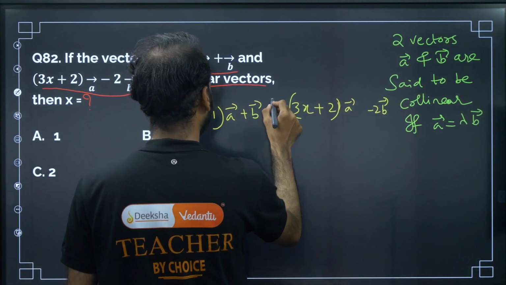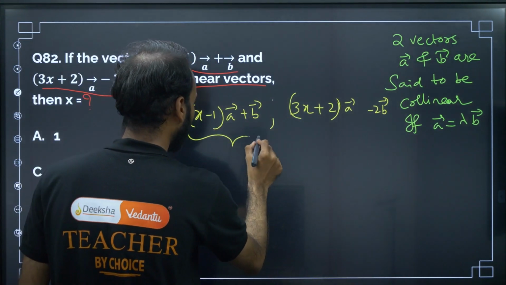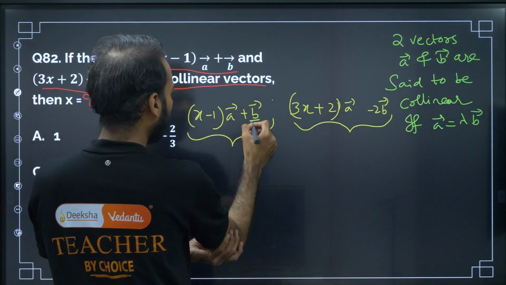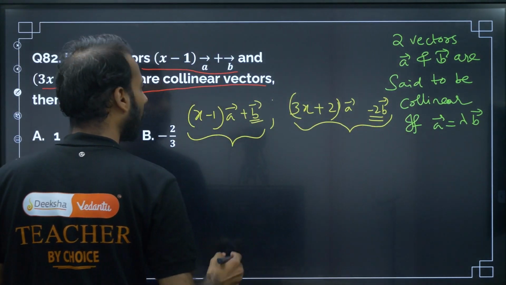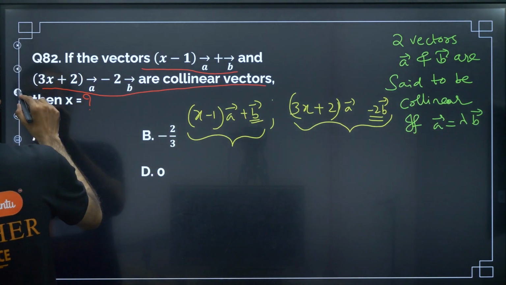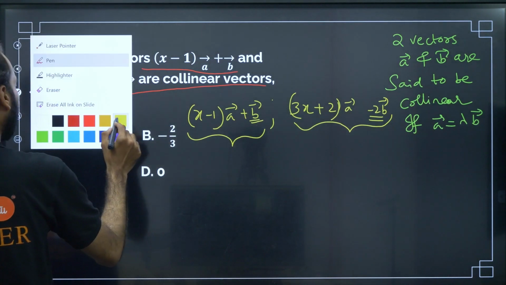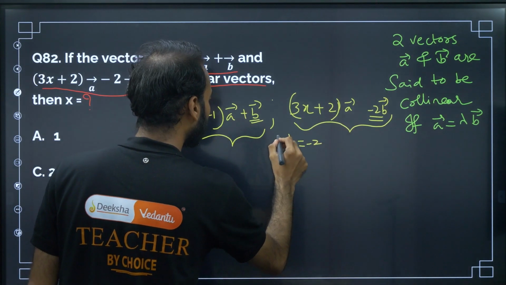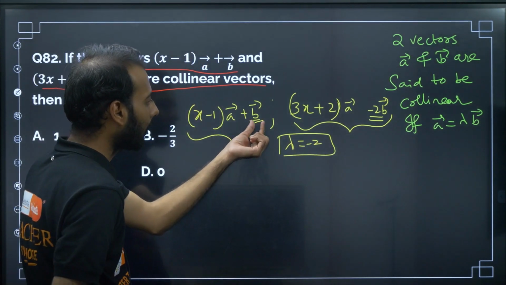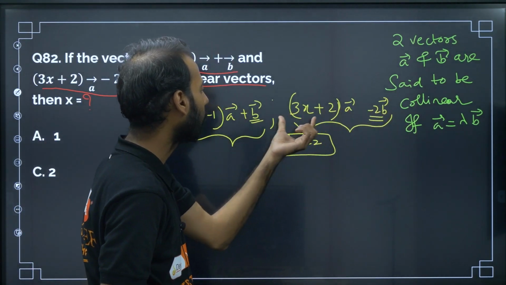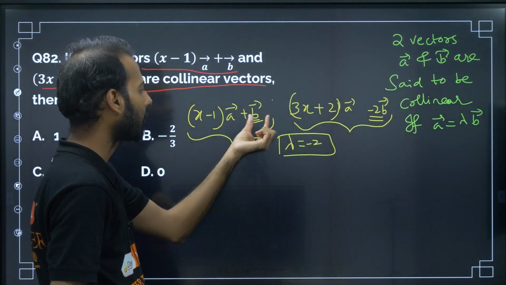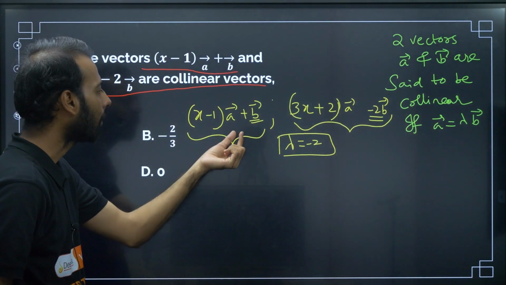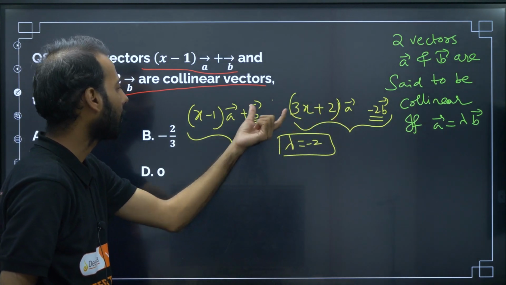See here, these two vectors are collinear. Now if I observe here B and B, generally collinear means A is equal to lambda B. So from there I can extract the value of lambda as minus 2. See here, B vector is here, minus 2 vector is here. They both are collinear.